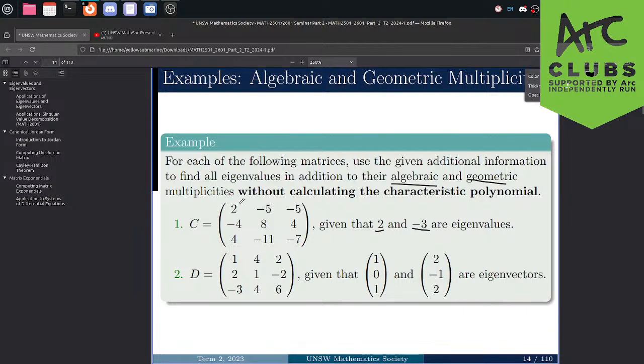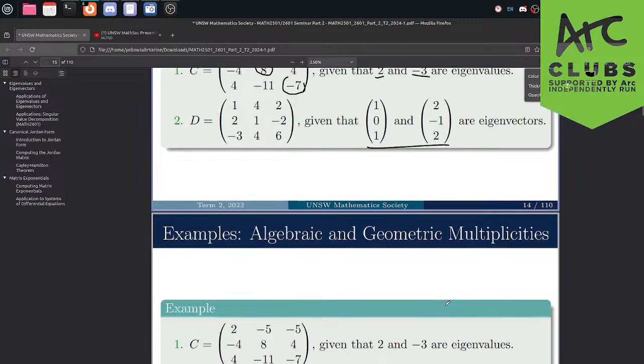Whenever you see one missing eigenvalue, you should immediately think trace. If you see two missing eigenvalues, then you should think to use the trace and the determinant. And for this one, we're given the eigenvectors. We'll see how to do that one.